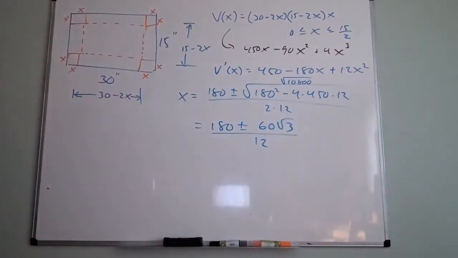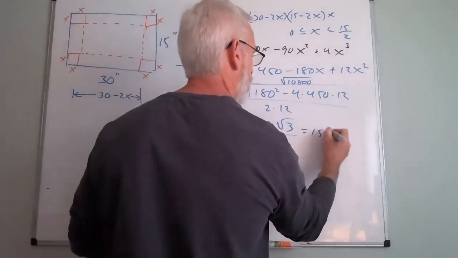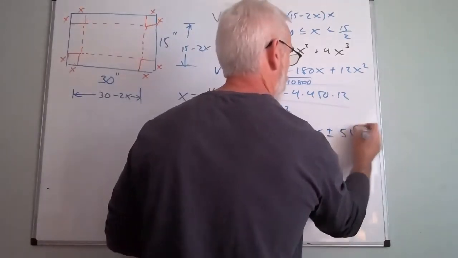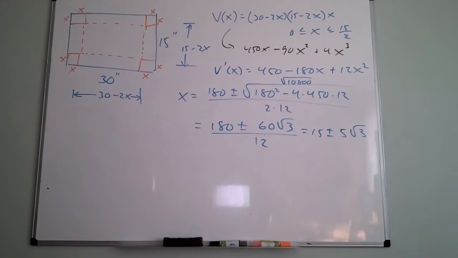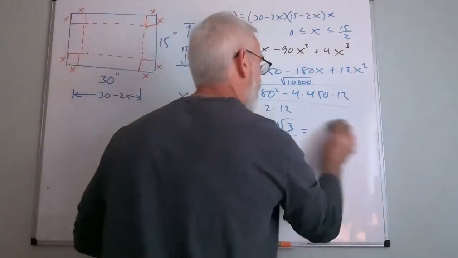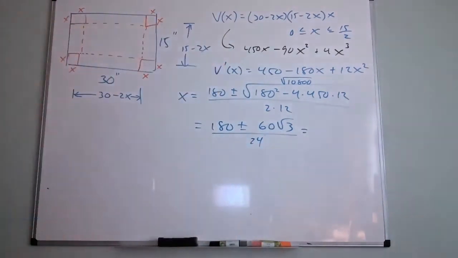How nice. Okay. Now I do clearly get two answers. So 180 over 12, that's 15. 60 over 12, that's 5. So I get, if I didn't mess this up entirely, again, I'm sorry, that's not 12, it's 2 times 12. That's 24. Sorry about that.